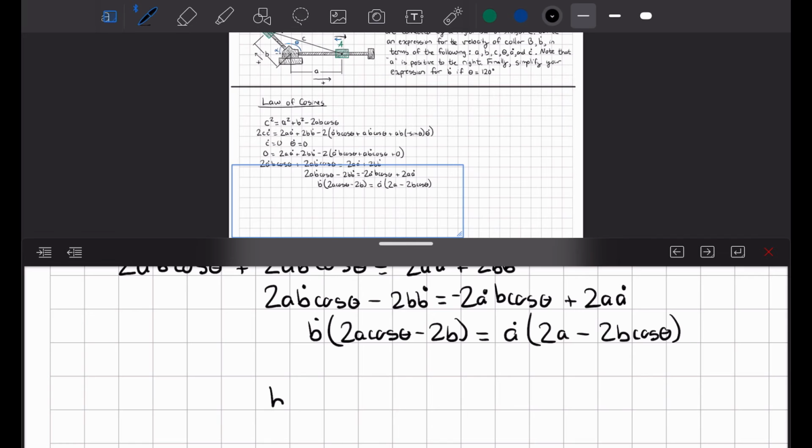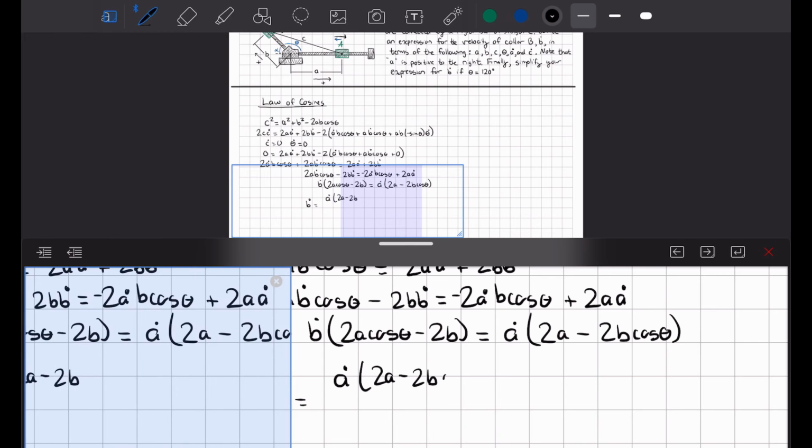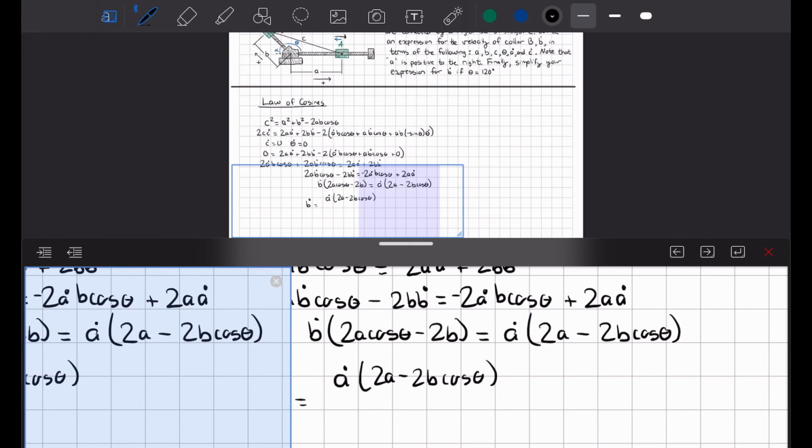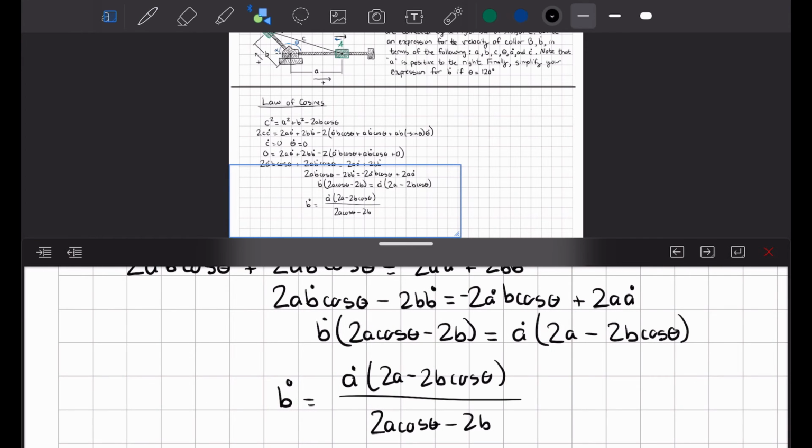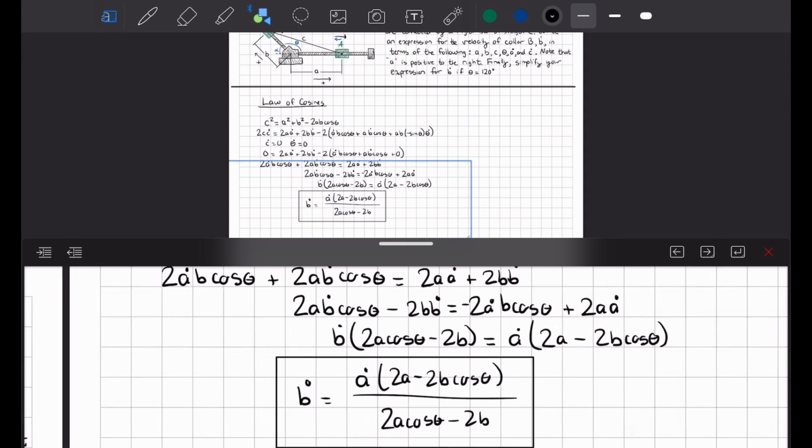And then finally, we'll just divide out. So we'll have a dot times 2a minus 2b cosine theta all over 2a cosine theta minus 2b. All right, great. That was just a lot of bookkeeping, but that's our expression.